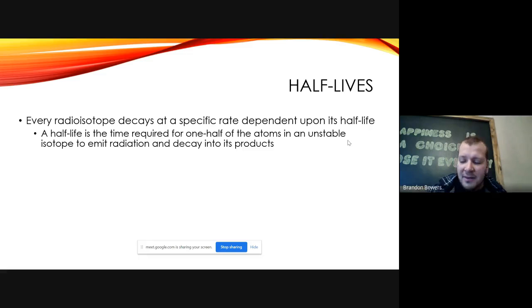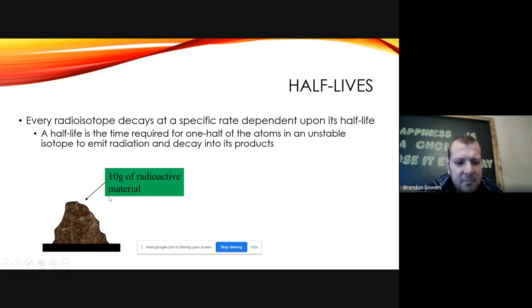Everything we're talking about is decaying. So the time required for half of the atoms to decay. That kind of makes sense, right?